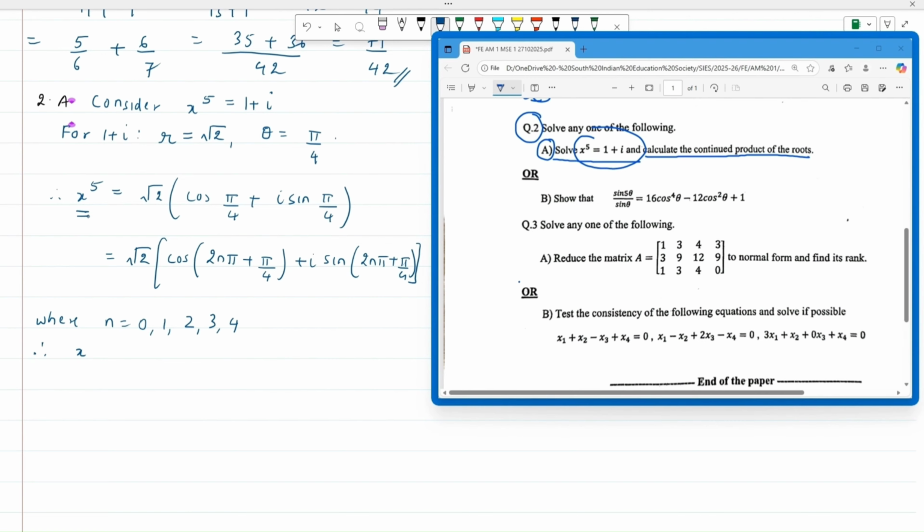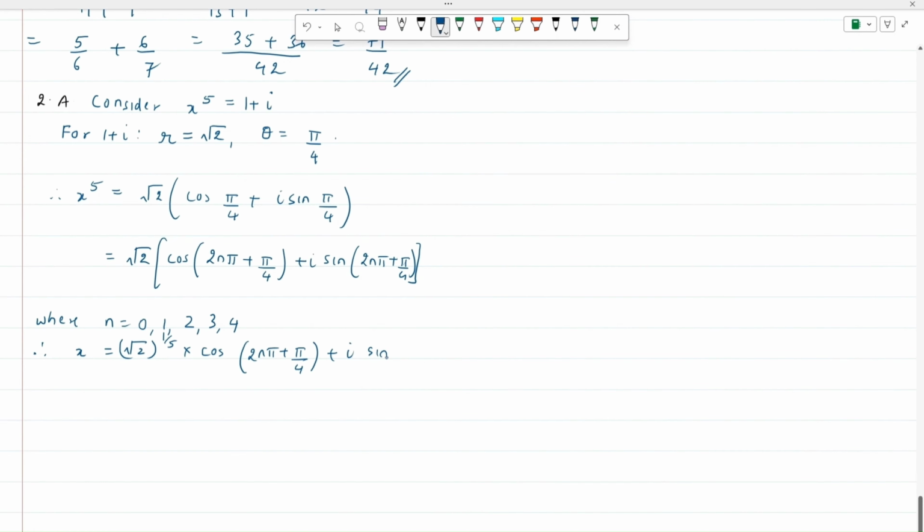Once we are done with that, we are going to talk about x alone. I have a look that this is x raised to 5, so now I'll be looking out only for x. That means I have to move the power 5 to the right, so this is going to be root of 2 raised to 1 by 5 into cos of 2n pi plus pi by 4 plus i times sine of 2n pi plus pi by 4, and this entire expression is raised to 1 by 5.